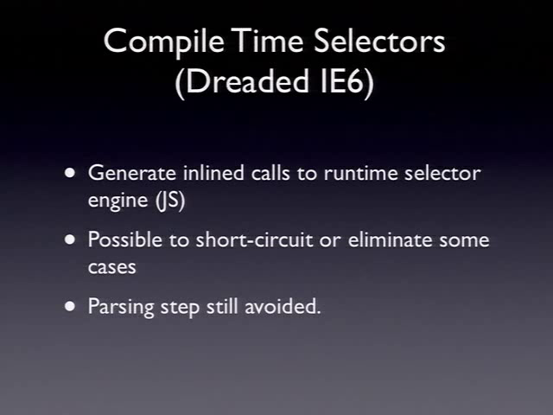That's how we get our speed. And it's possible to short circuit or eliminate some of the cases. This is the most immature part of jQuery. So even though we're performing well ahead of the other libraries, in fact, believe it or not, there's a lot of overhead left. So when I get to the end of the presentation and talk about how you can contribute to the project, I'm accepting patches because there's a lot of stuff we can do to speed it up even more than it already is.